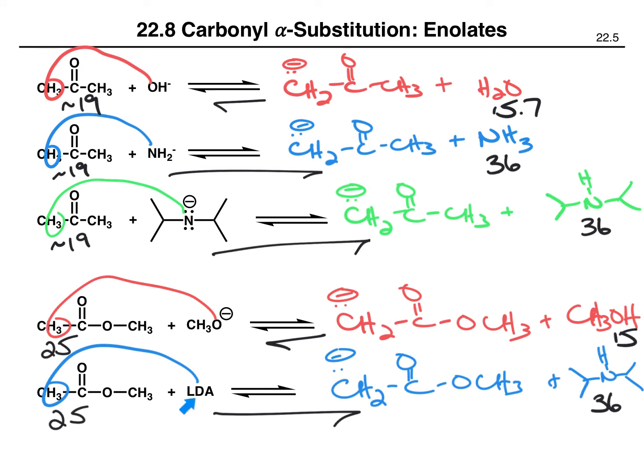In the case of LDA reacting with an ester, now the ester is the stronger acid, so equilibrium lies to the right, and that means we have a little bit of ester and lots more of the enolate.